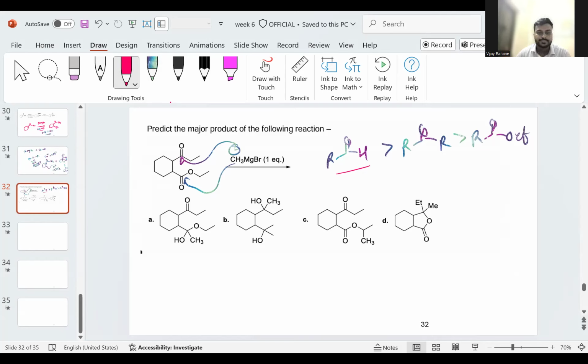So this is the keto and here is the ester. So once one equivalent of the methyl magnesium bromide attacks on the keto, we have one equivalent of methyl magnesium bromide.